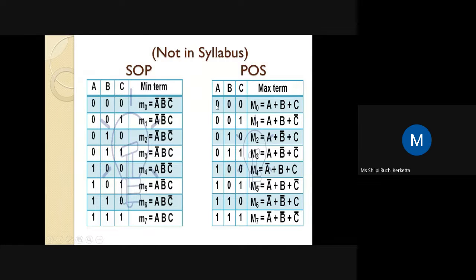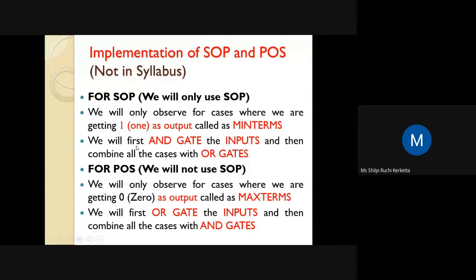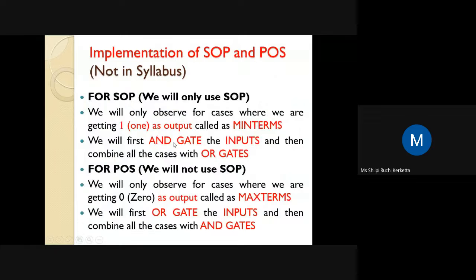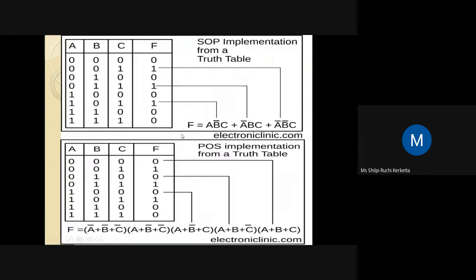We will first AND all the inputs, wherever there is 1, and we will take the min terms: first min term, second min term, third min term. Then we will combine all the cases with an OR gate.